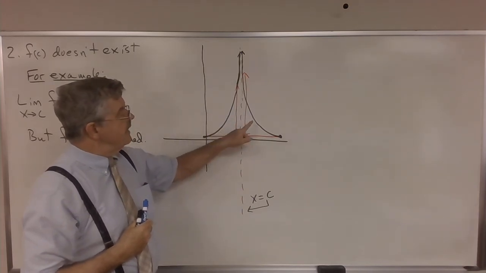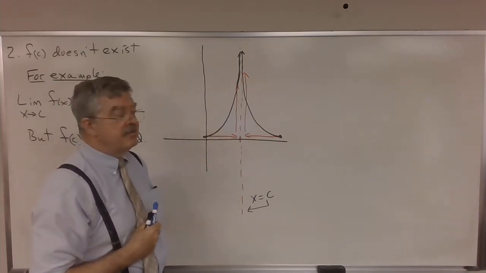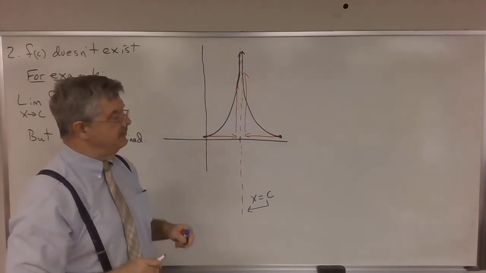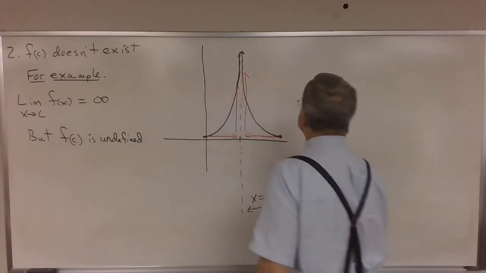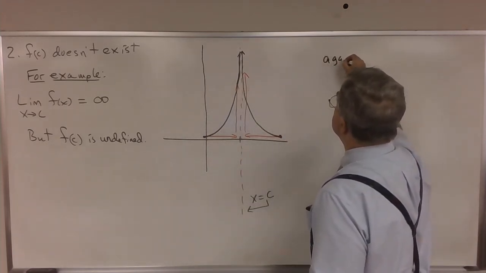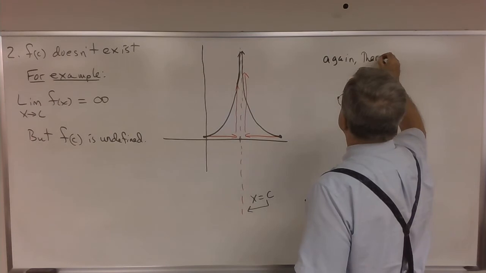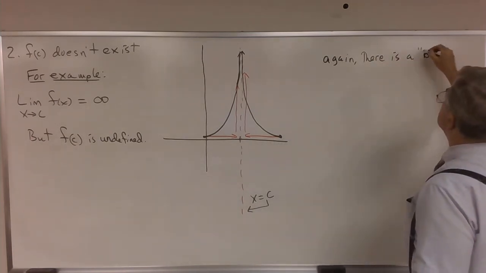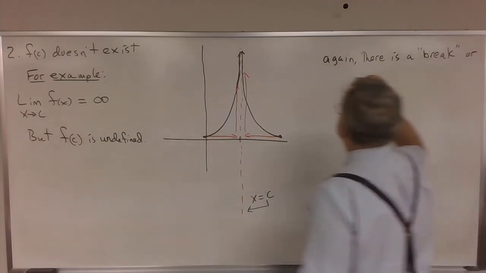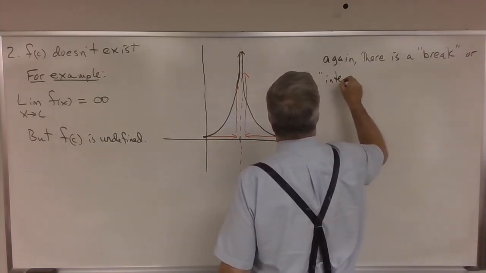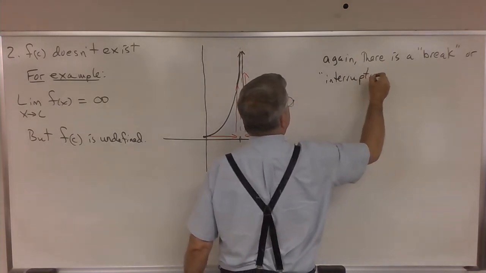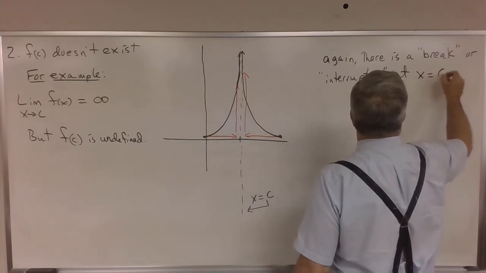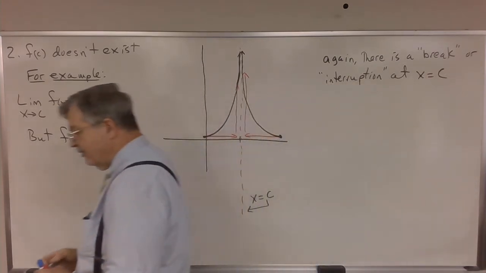So this piece of the graph and this piece of the graph are separate pieces. We have a break in the graph at x equals c. Definitely a break in the graph.